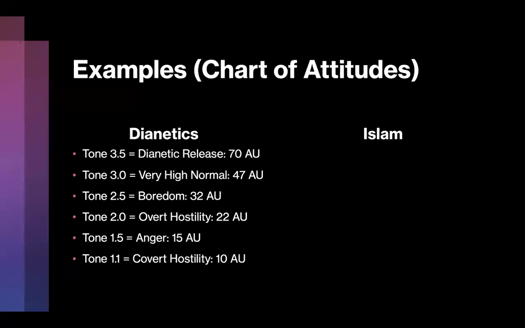Does that make sense? So if I'm low on the tone scale, it's because my attention is focused on the past. If I'm constantly thinking about what that person said to me or what you did to me, my attention is caught in the past. So I have little access to my attention units. Does that make sense? Absolutely.